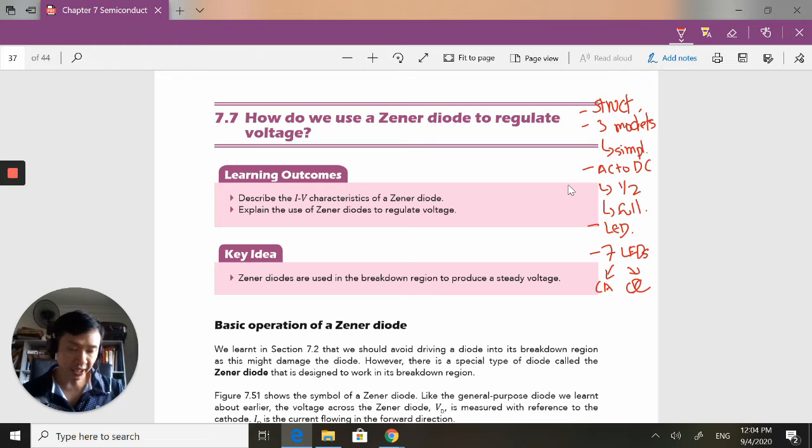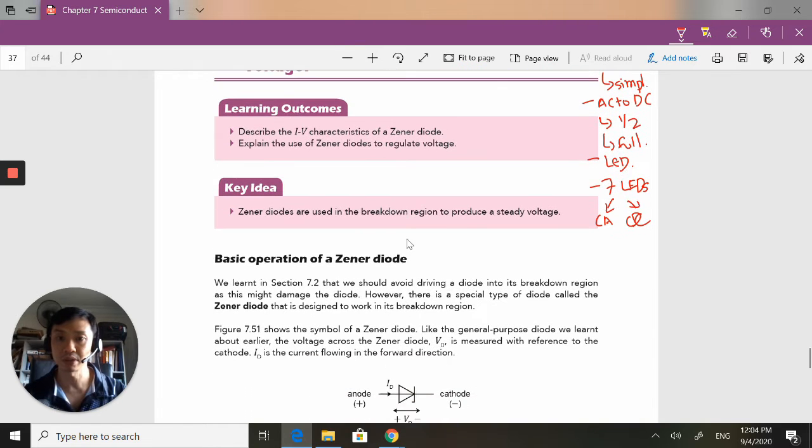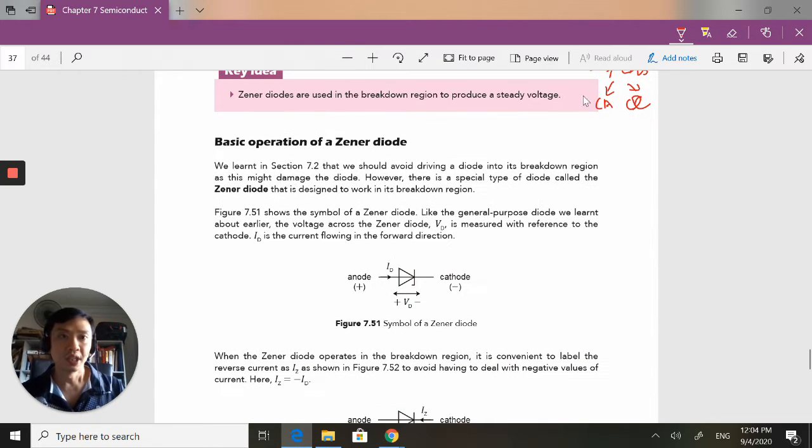So for the last part of diodes, I'm going to introduce something to you called a Zener diode. A Zener diode is something a little bit different from the normal diodes we've been talking about. Now, the weird thing about a Zener diode is that basically what I've been telling you is that you should not operate your basic diode in the breakdown region, right?